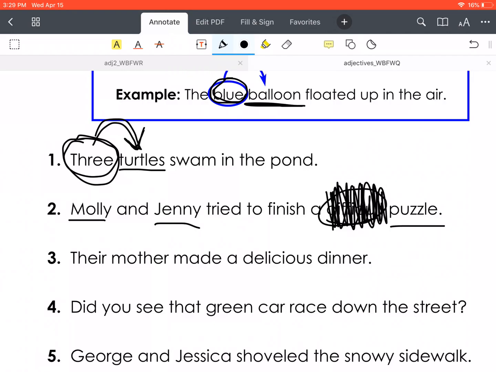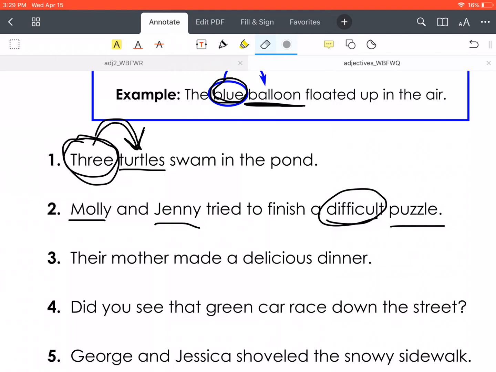Molly and Jenny tried to finish a puzzle. Okay, so if you closed your eyes and I read this sentence to you, go ahead and close your eyes. Molly and Jenny tried to finish a puzzle. Okay, you could envision that. You could envision Molly and Jenny, whoever they are, trying to finish this puzzle. But now I want you to close your eyes again. Molly and Jenny tried to finish a difficult puzzle. Does that change your vision of what that puzzle looks like?